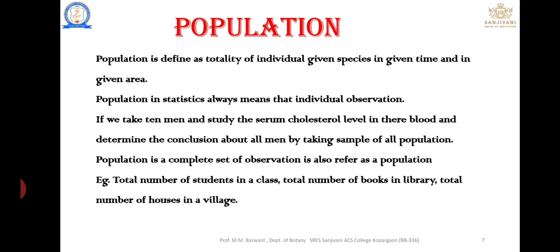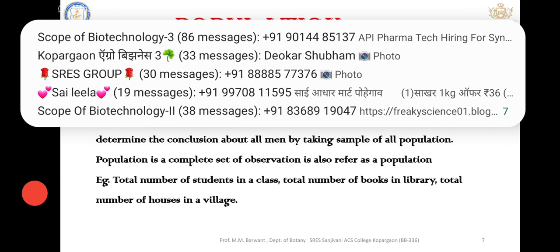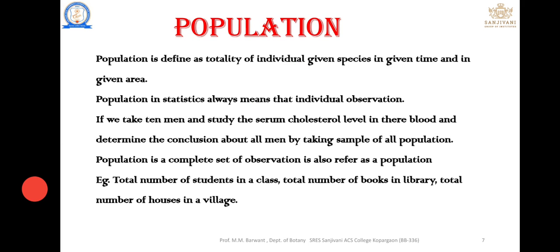Next, population. Population is defined as the totality of individuals of a given species in a given time and in a given area. Population is nothing but the totality of individuals living in a specific area at a specific time. In statistics, population always means the individual observations.